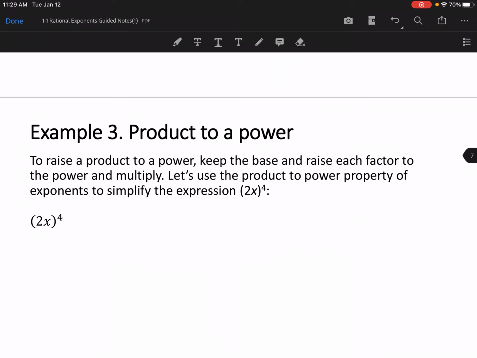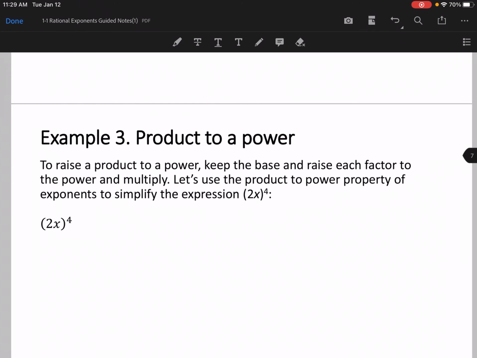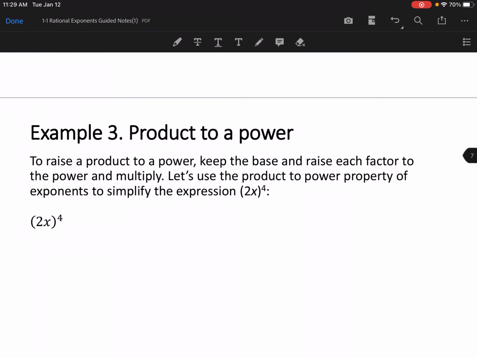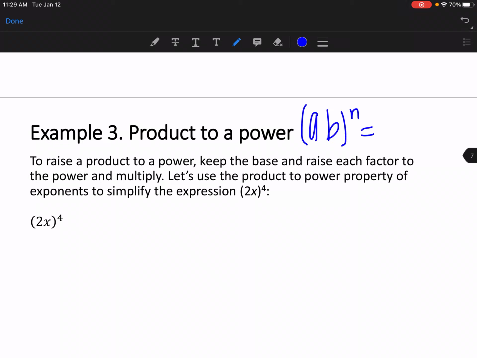Let's keep on going. If you have product to a power, it says that if you have a, b to the n, then we need to take each term, variable, or number and raise it to the power. So this is a to the n times b to the n. So for this example right here, to raise a product to a power, you keep the base and raise each factor to the power and multiply.